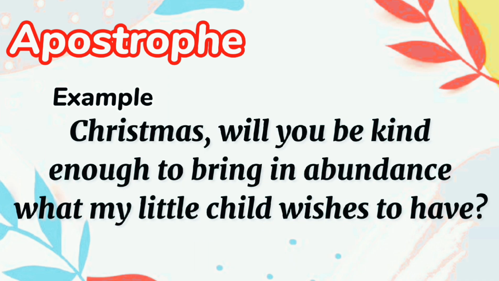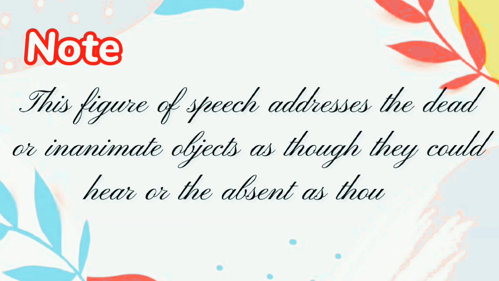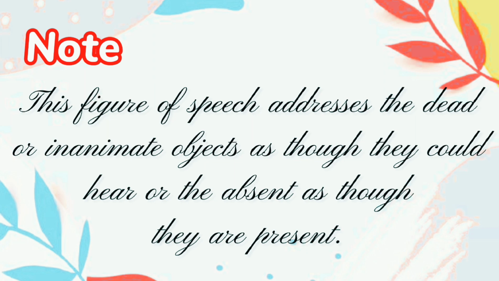We have another example. "Christmas, will you be kind enough to bring in abundance what my little child wishes to have?" In this example, someone is talking to an inanimate object as if present.